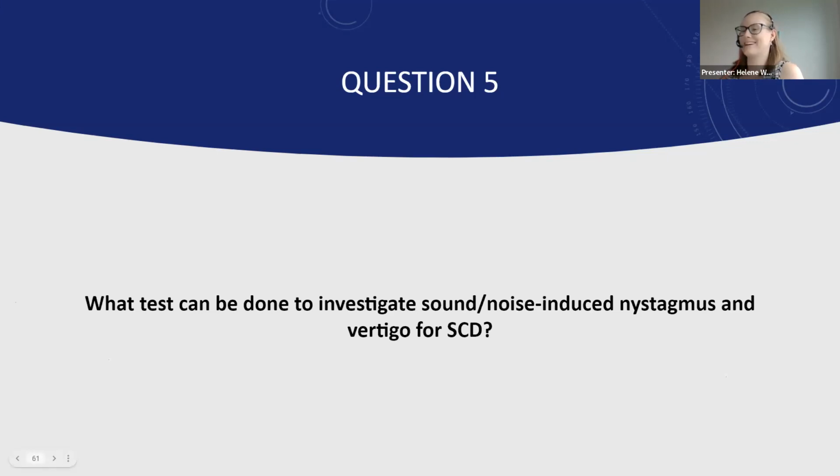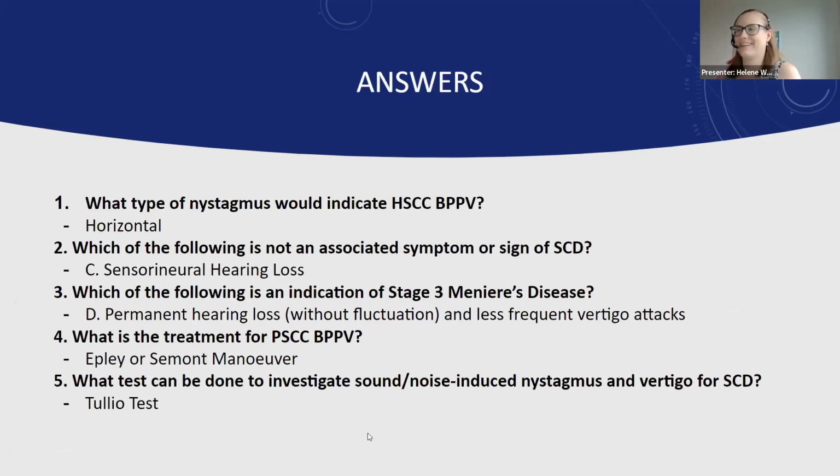All right, answer time. If you've got horizontal BPPV, you'd expect horizontal nystagmus. If you think there is SCD happening, you would not expect a sensorineural hearing loss, you'd expect a conductive one. If you're at stage 3 of Meniere's, you're starting to look at having a permanent hearing loss, but thankfully the vertigo would have subsided.